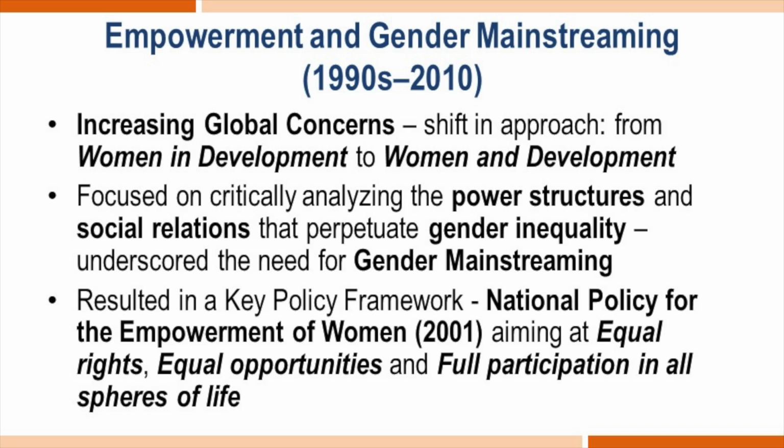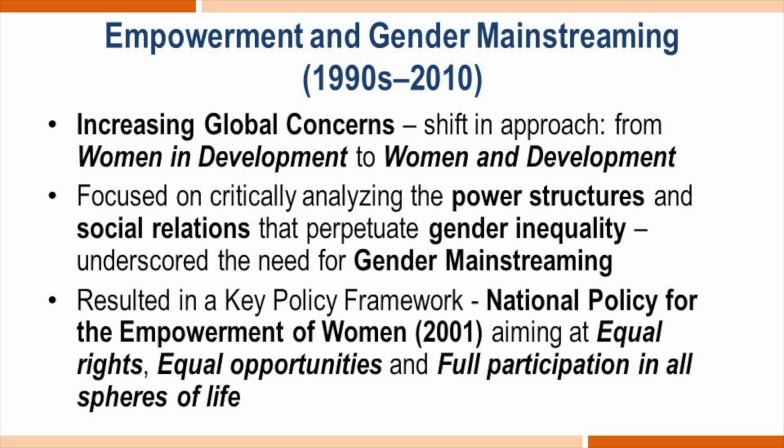It actually talks about looking at different power structures, different social relations that perpetuate gender inequality, and at the same time addressing those causes of gender inequality. It also allowed gender mainstreaming: rather than looking at women as a separate component and trying to accommodate them, we have to make it mainstream within the policies.